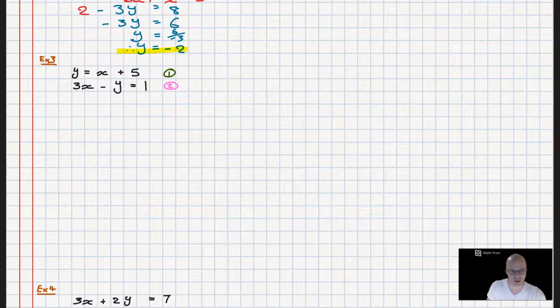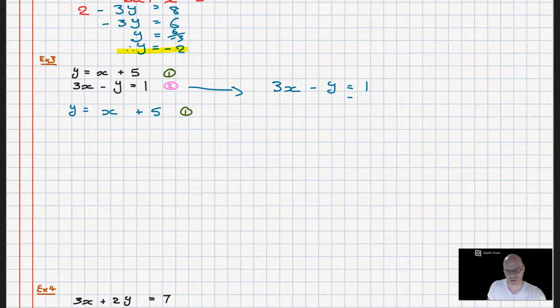So we've got y equals x plus 5. This is still equation 1. We need to rearrange equation 2 into this form, so the leading term needs to be y. So I'll grab 3x minus y equals 1 and rearrange it such that y is the subject.